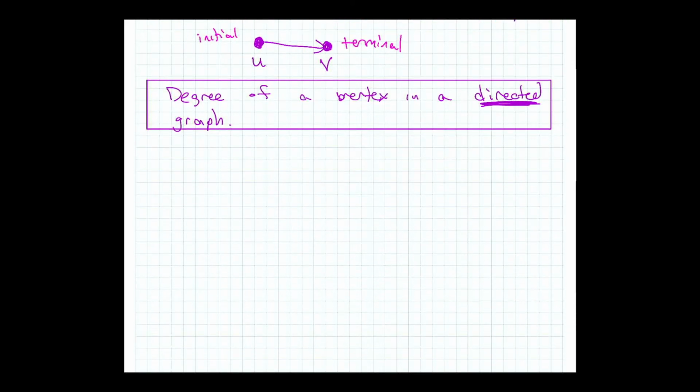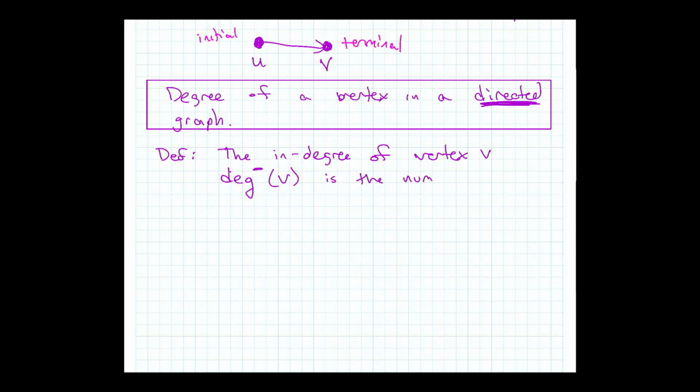All right. So what is it? Well, here it is. So definition. The in degree of vertex V, which you write this way, DEG with a minus sign, is the number of edges where V is a terminal vertex.